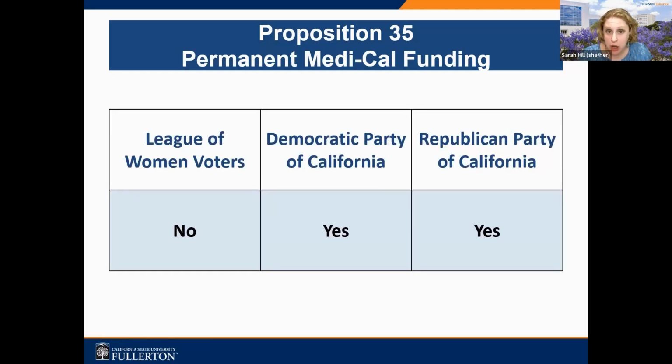The League of Women Voters says no, because they're really concerned that this would lock us in to a specific policy that might not be good if the federal government changes the way the formula works for Medicaid, and we can't do anything about it, versus leaving it in the hands of the legislature to try to adapt to. The Democratic Party and the Republican Party of California both say yes. And again, I think it's that they know there are real issues around Medi-Cal reimbursement, that's a real concern.